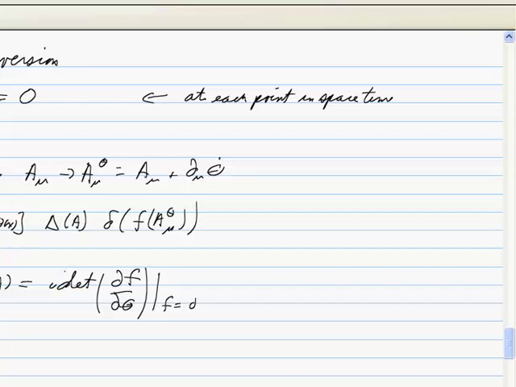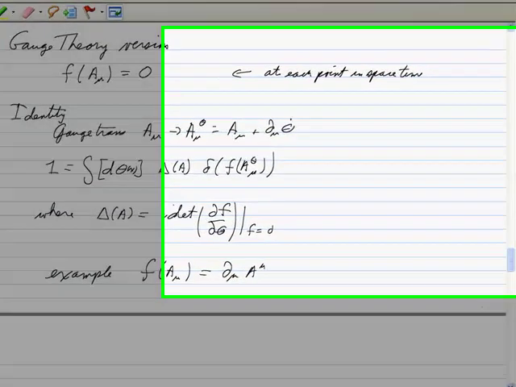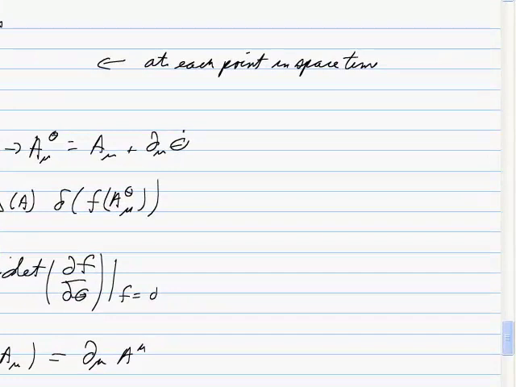An example would be f of A is d mu A mu. Okay, so we impose that. We'll come back and actually maybe even do it soon, calculating that determinant.